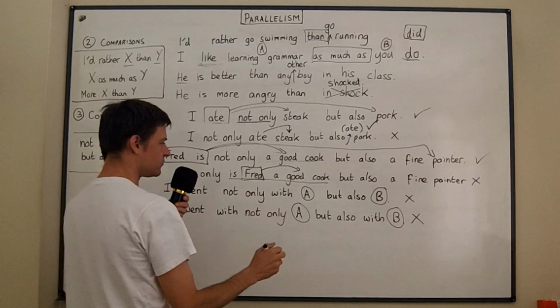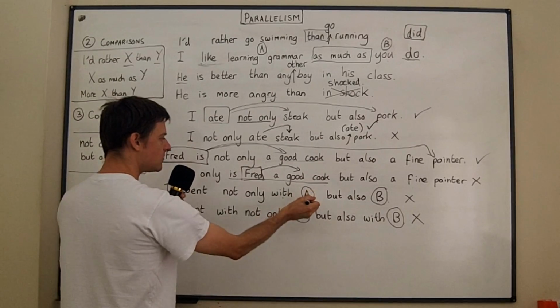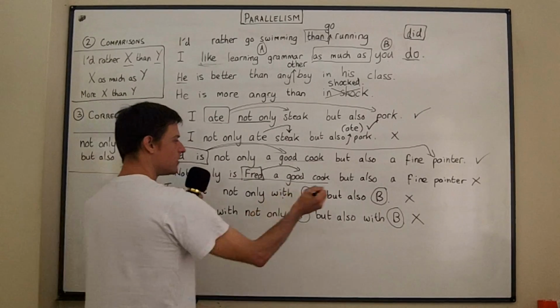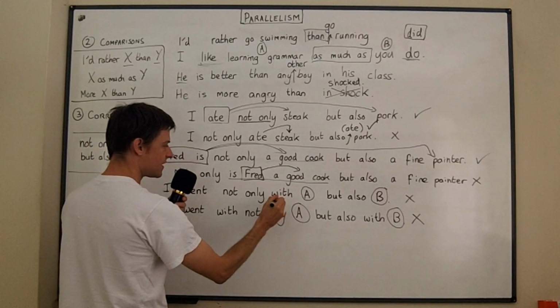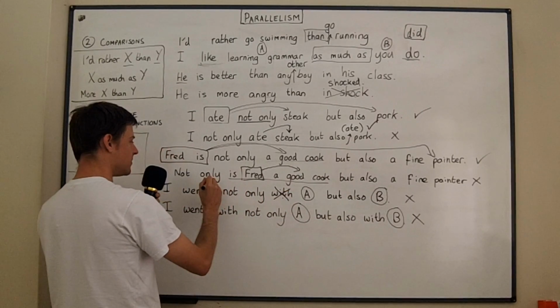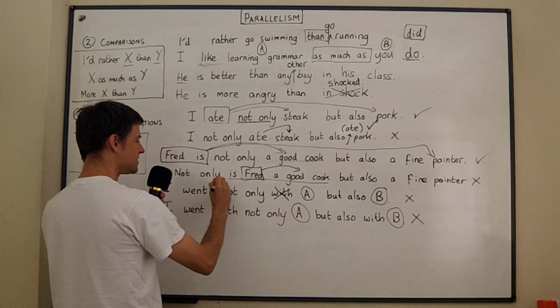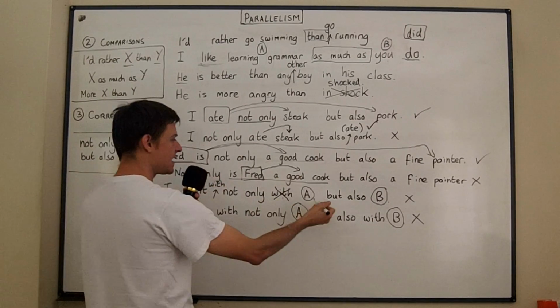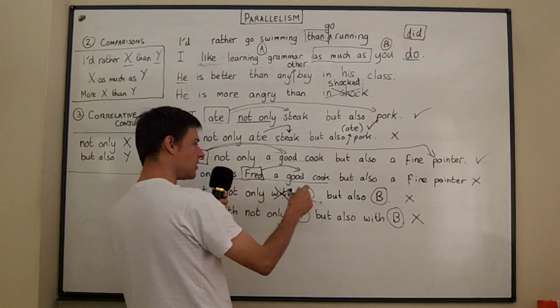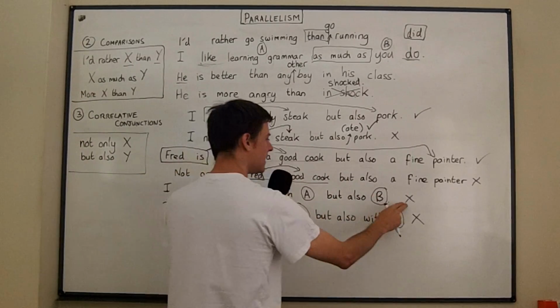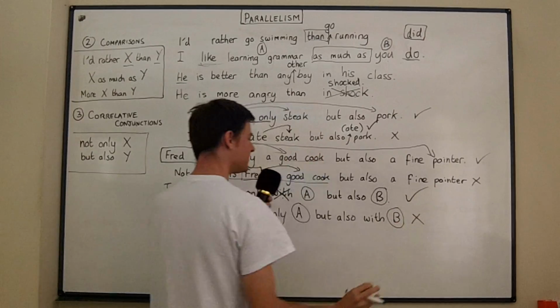The reason why it's wrong is because the with only modifies A and you want the with to modify B as well, and so to make it correct just get rid of it there and put it over here. I went with not only A but also B, and then you can see that it's equal. It's not only A but also B, and then we've made that one correct.